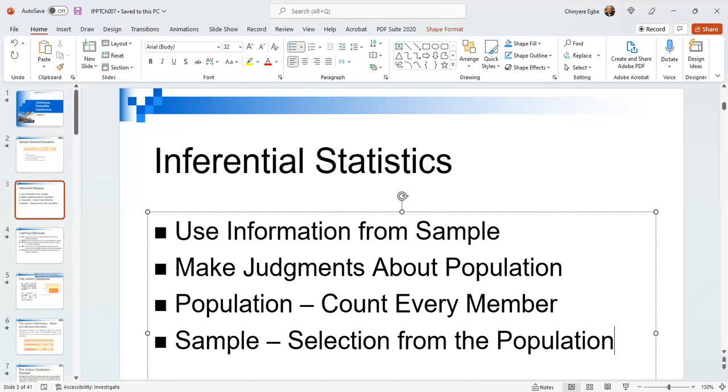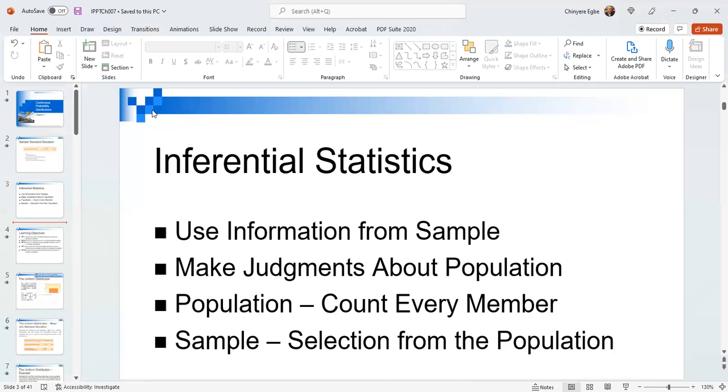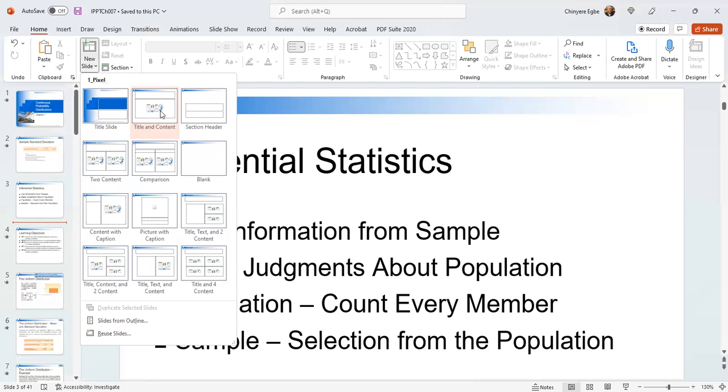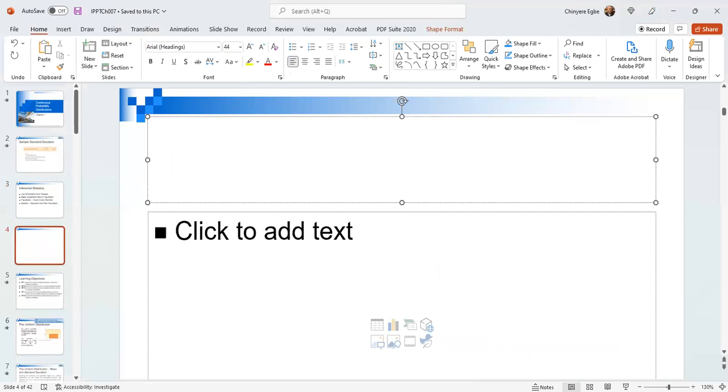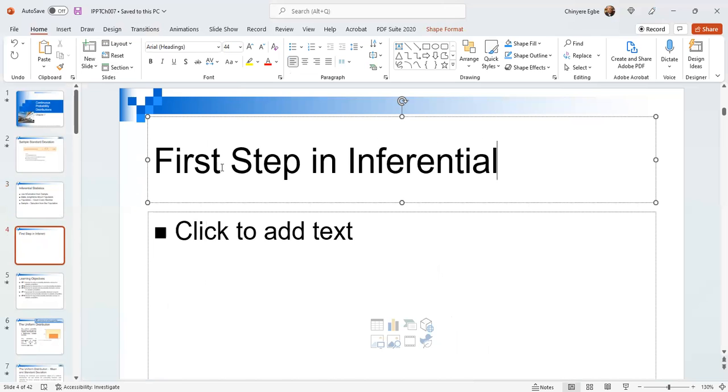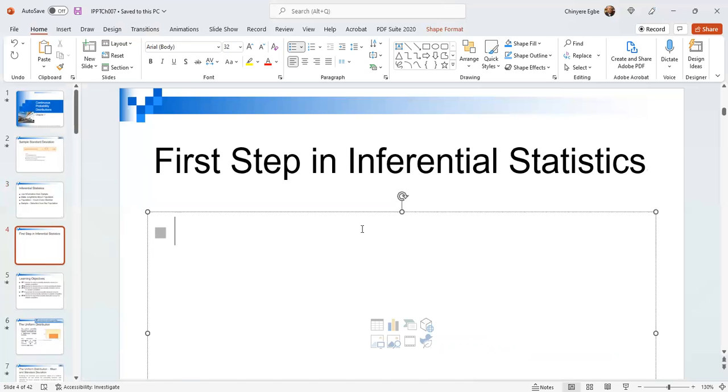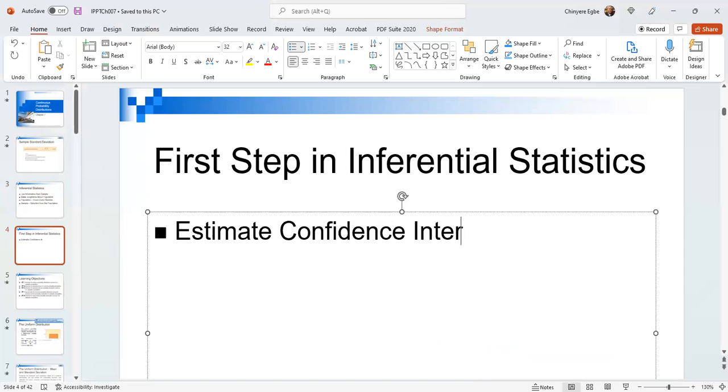Okay? So now the first step in inferential statistics is to estimate the confidence interval.